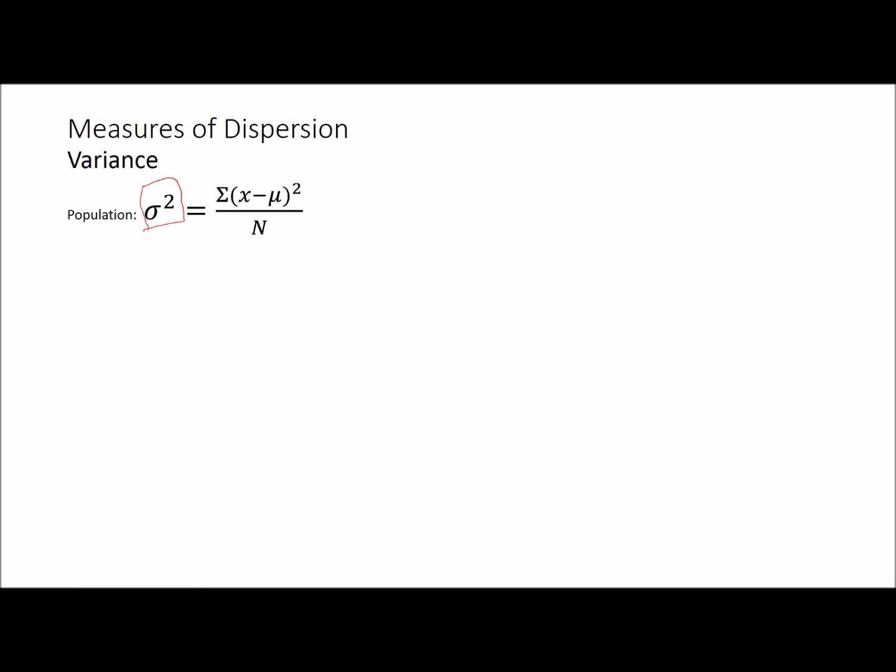The formula here in the numerator, this is referred to as the sum of squares. This is the x's minus the mu's squared, and it's all added up, right? You have capital sigma summation of the x's minus mu's squared divided by n.